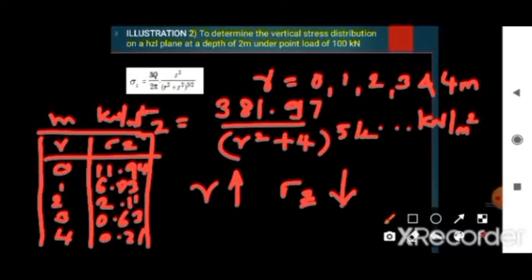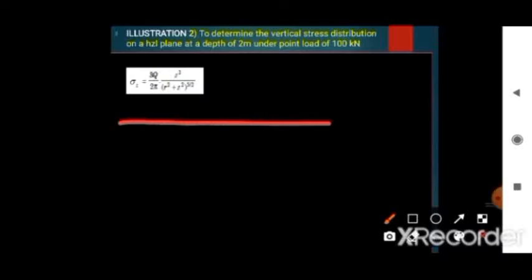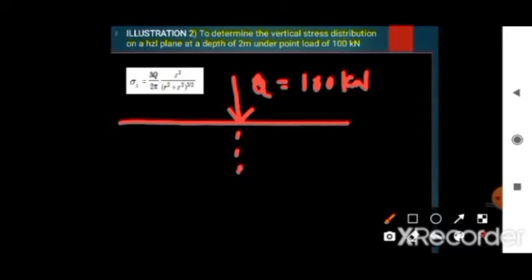You can practice on your graph paper. I will show you the sample sketch. This is the point load you have to mention, Q equal to 100 kilonewton, on the graph paper. Then the line of action we have to mention.